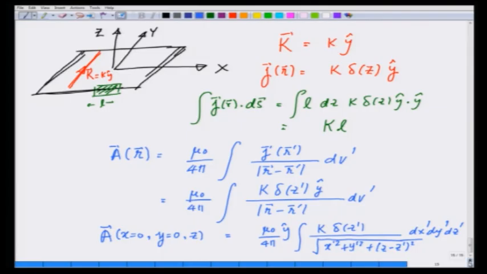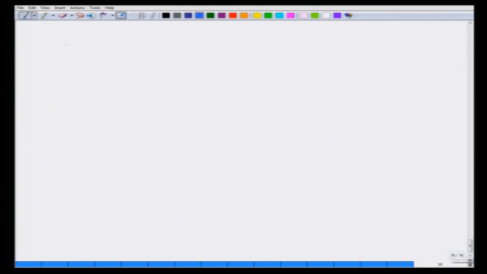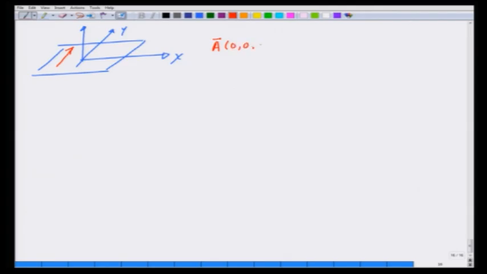Let us write this again. So, I am calculating, due to the sheet which is carrying the surface current in direction y, A at (0, 0, z); it does not matter, any x, y would give the same answer.